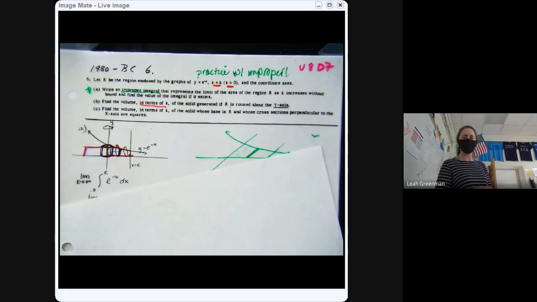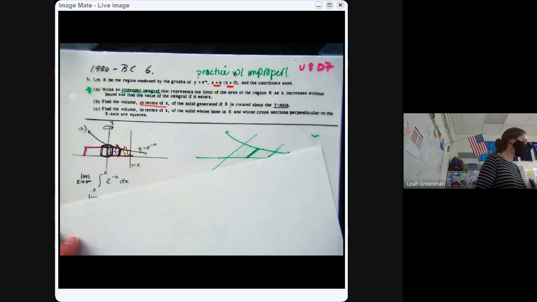Okay, so review of improper integrals. You take the antiderivative of e to the minus x. What's the antiderivative of e to the minus x? E to the minus x times the negative 1. There's that chain rule. You could do a u-sub, u equals negative x.